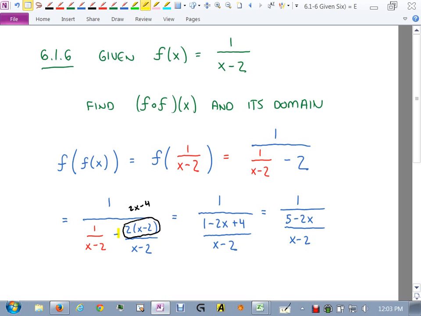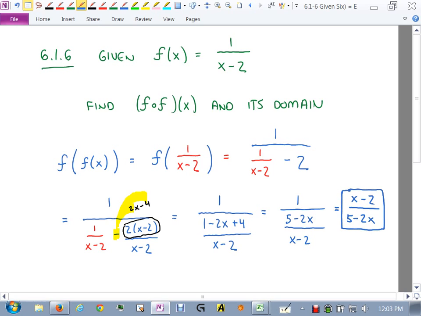But then you have the negative sign that must go through and change both of those to a negative 2x and a plus 4. Then the 1 that was in front out here. So you have 1, the minus 2x, and the plus 4. 1 plus 4 is 5. Take away 2x. We good? All that really winds up happening now is this fraction flips over. Okay. Questions on finding f of f of x?